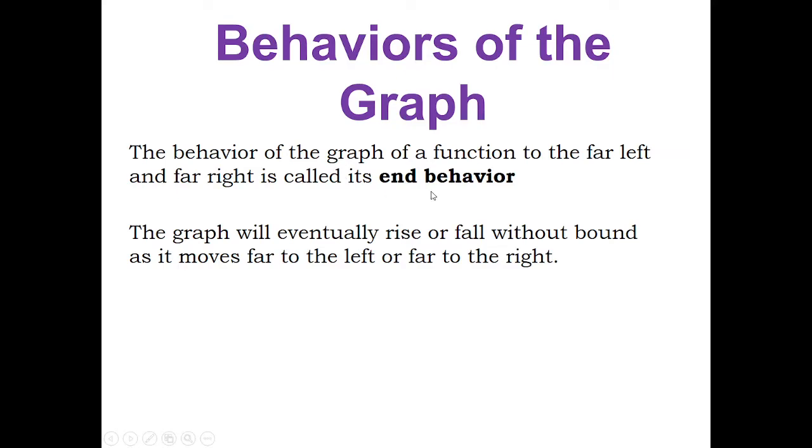Yung dulo niya to the left and to the right. So, the graph will eventually rise or fall without bound as it moves far to the left or far to the right. Since the graph is continuous, we do not know where it will end. But for sure, it will rise or fall. So, we use a double-headed arrow to represent the graph.